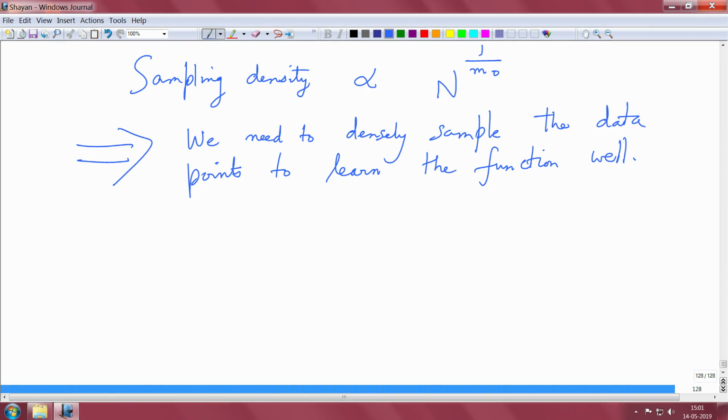But there is an exponential growth in complexity due to higher dimensions. So, there are trade offs here, right.